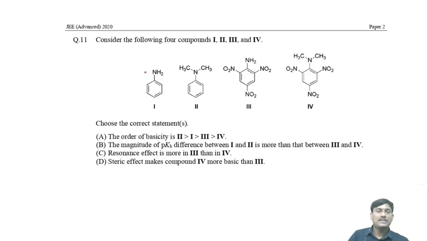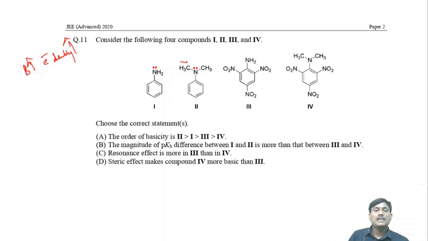Okay, let us compare basicity. We know that basicity increases as the electron density increases. So if you take aniline, this basicity is due to the lone pair of electrons on nitrogen. In this case, you have one lone pair of electrons.